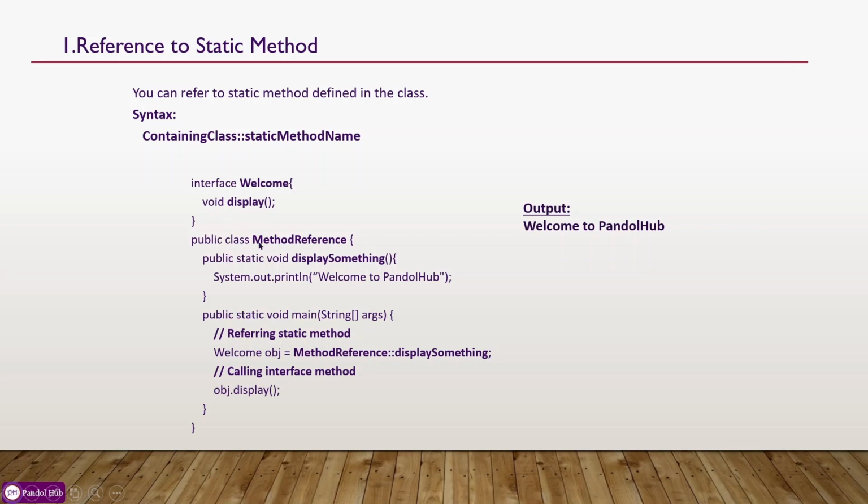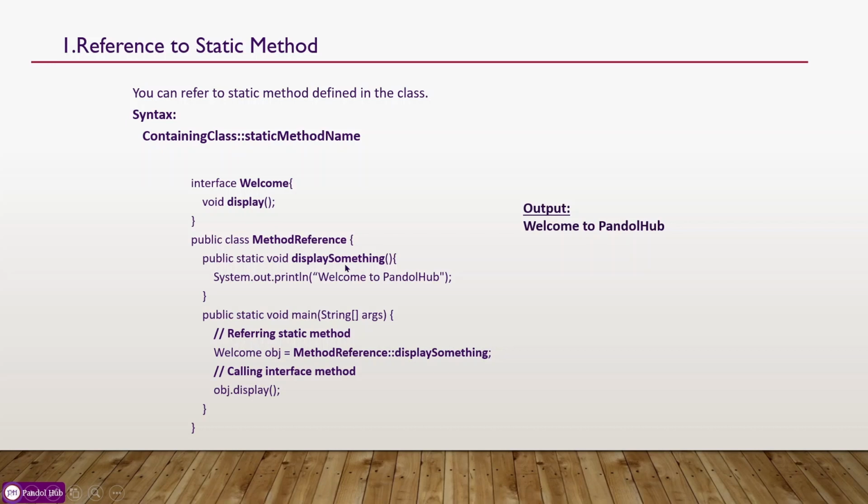Now I have a public class MethodReference and a public static void display something method, which just has a sysout. In the main method, I'm referring to the static method of this MethodReference class. In a normal way, I'd use the class name, MethodReference dot display something.